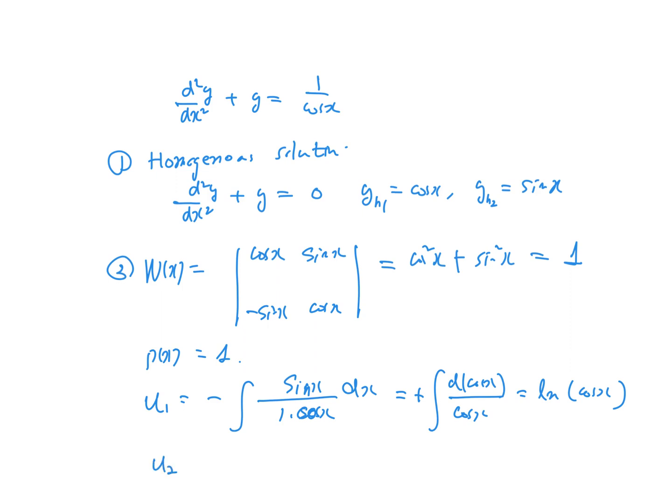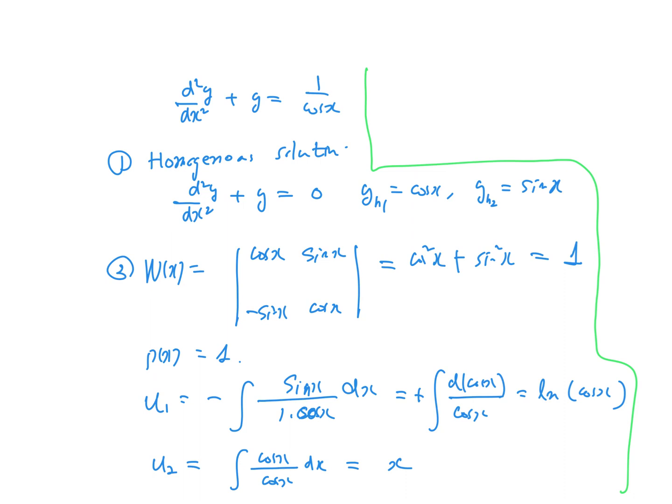u2 is the integral of cosine x over cosine x dx, which is x. So the general solution is y equals c1 cosine x plus c2 sine x plus ln cosine x times cosine x plus x sine x.